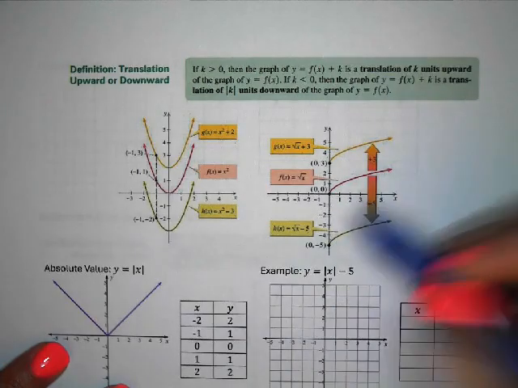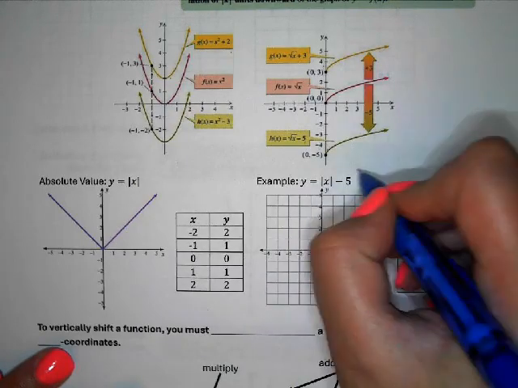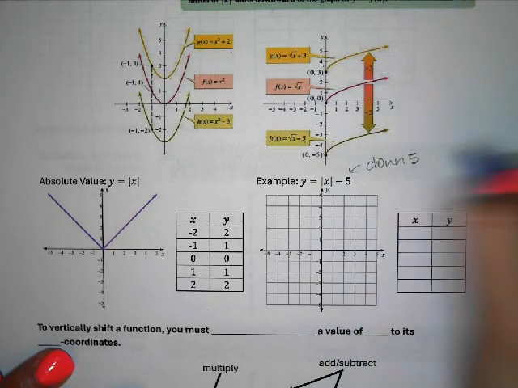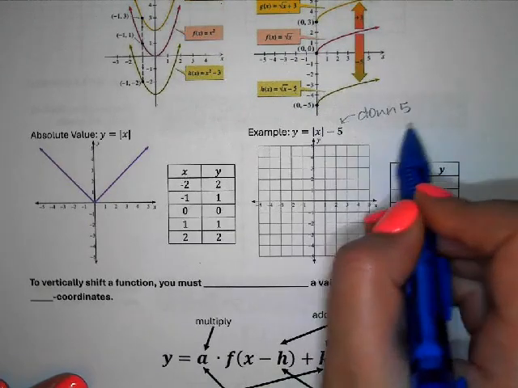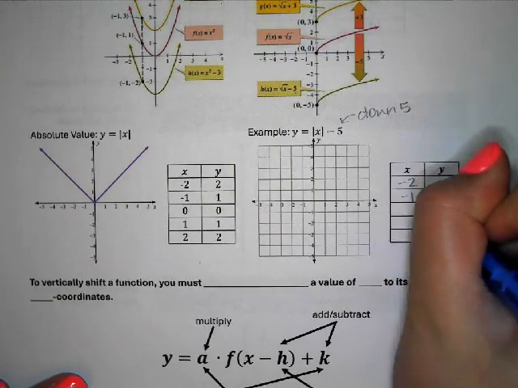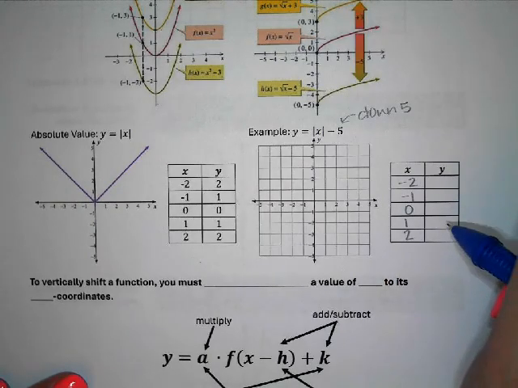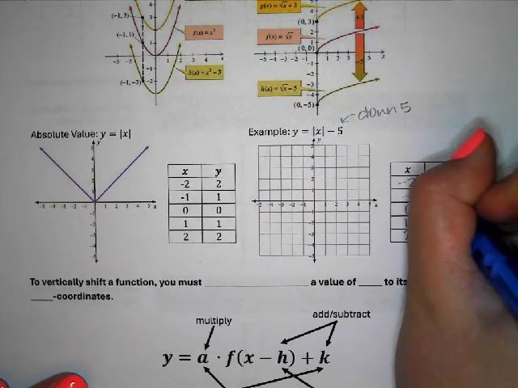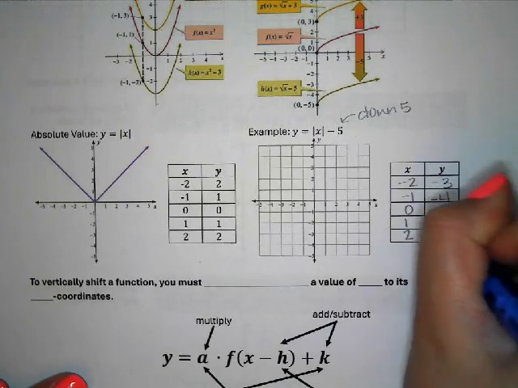So here, this is an absolute value function with a -5 on the end. This is going to shift the entire graph down 5. And if we think about which coordinate should be adjusted, if we're moving up or down, that's going to be a y-coordinate change. So I'm going to keep the x-coordinates the same, and shift all of the y-coordinates down by 5 by subtracting 5 from each of them. So -3, -4, -5, -4, -3.